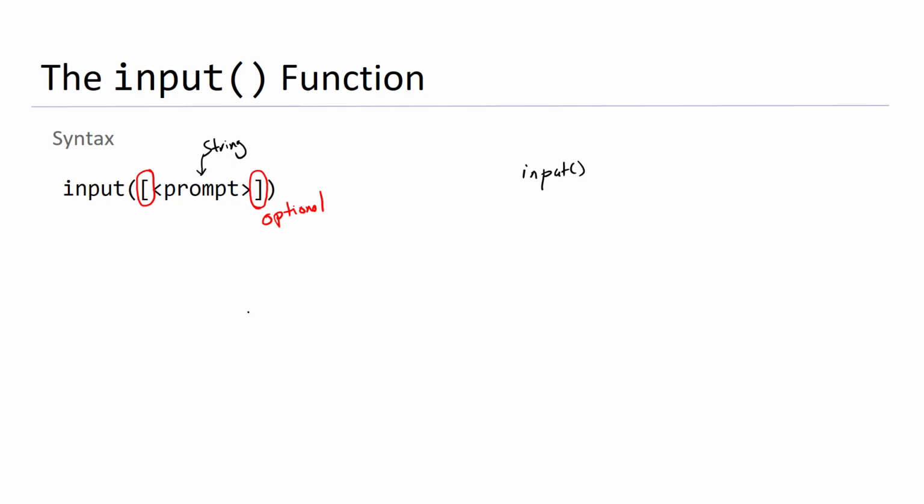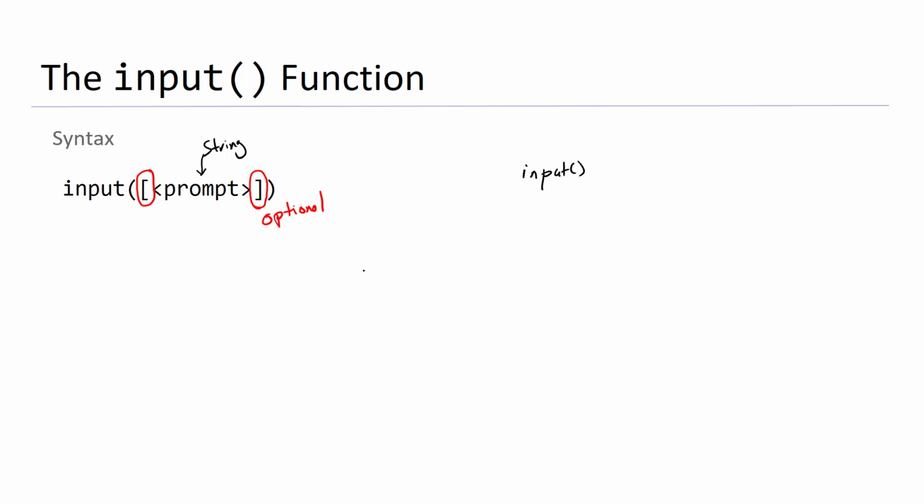However, you wouldn't be doing this most of the time, because the argument that we usually pass to the input function is the prompt, and a prompt is basically a message which is displayed by the program to ask the user for input.